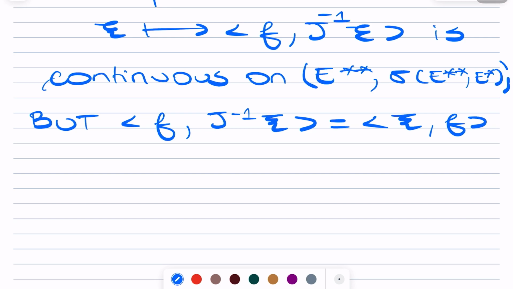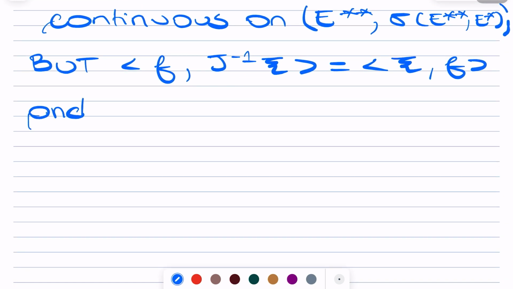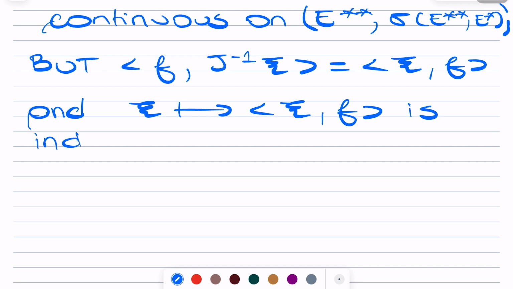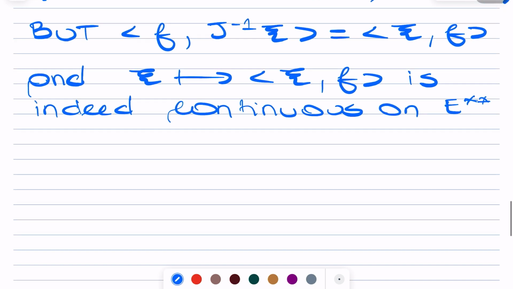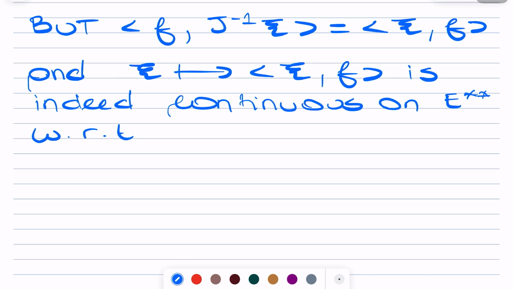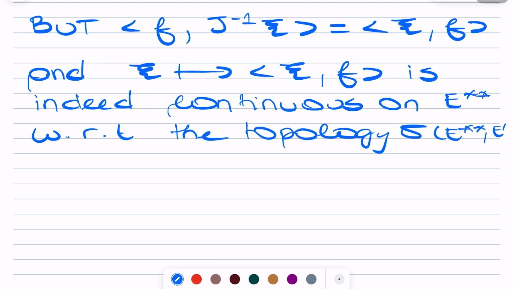And this map, the map which at xi associates this dual pairing, is indeed continuous on the bidual, right? So with respect to the topology sigma(E star star, E star).